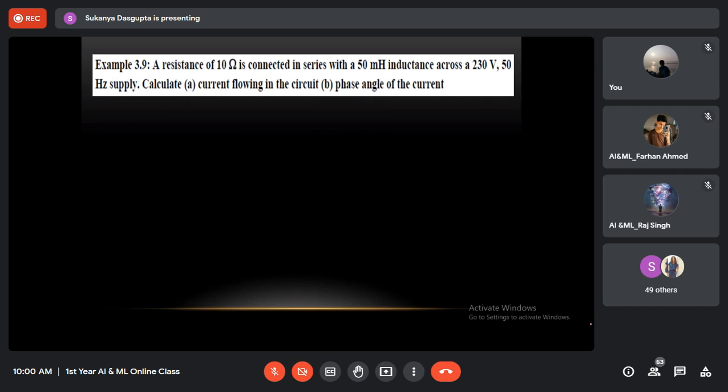Okay. Look at this problem. A resistance of 10 ohm is connected in series with a 50 millihenry inductance across a 230 volt 50 hertz supply. Calculate the current flowing in the circuit and the phase angle of the current. Okay, so first you draw the circuit.